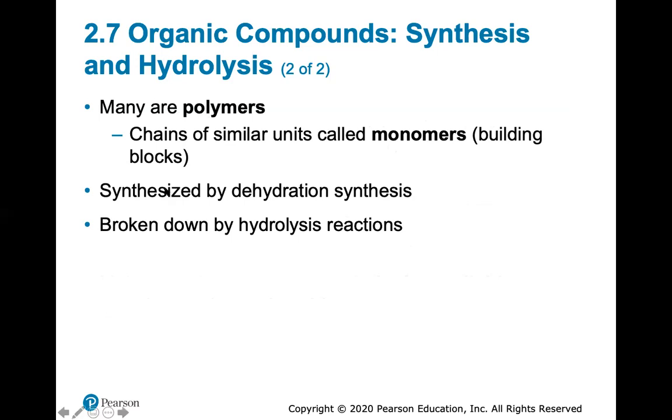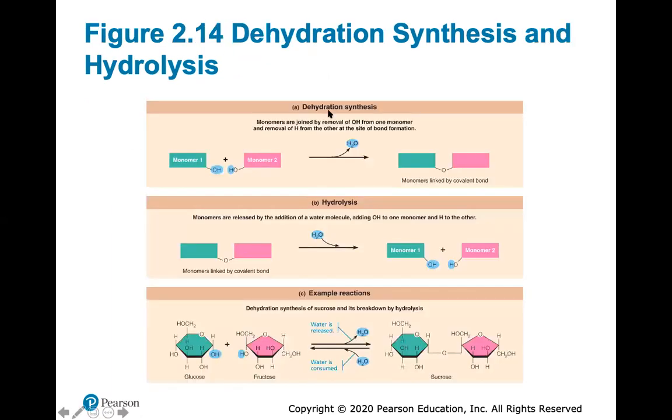Polymers are synthesized, meaning they are created, by dehydration synthesis reactions. A dehydration synthesis reaction means they take out a water, they dehydrate the reaction to create it. And polymers are broken apart by hydrolysis reactions, which just means a water is added in to break it apart. So this takes a look at a dehydration synthesis reaction.